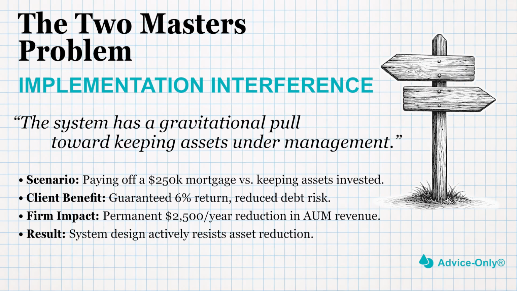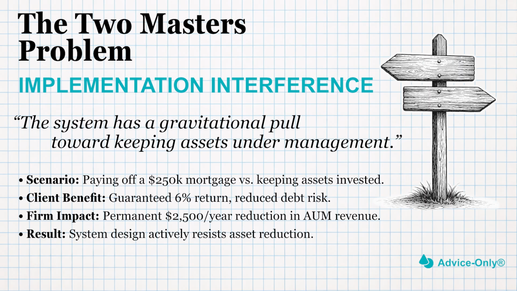And this is why disclosure alone does not solve the problem. The central issue is not whether advisors want to act in the best interest, but whether the system they operate within supports that outcome consistently and reliably. If this sounds theoretical, it isn't.